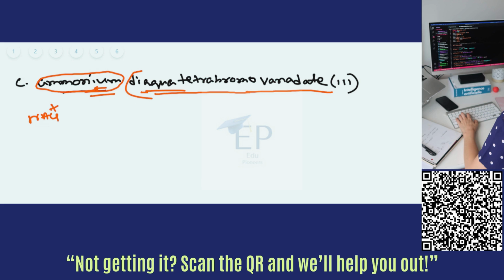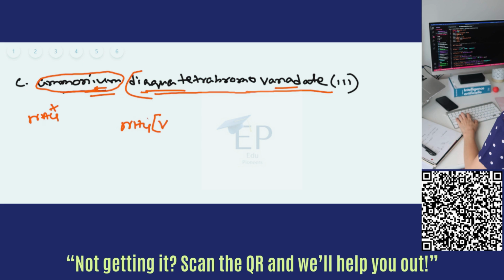So for writing the formula, we start with the NH4. Oh, I'm sorry, we don't need to put the plus here. And then we start writing our anionic complex. We start with the central metal atom, which is vanadium.